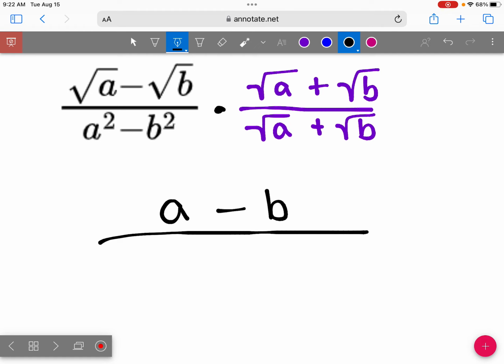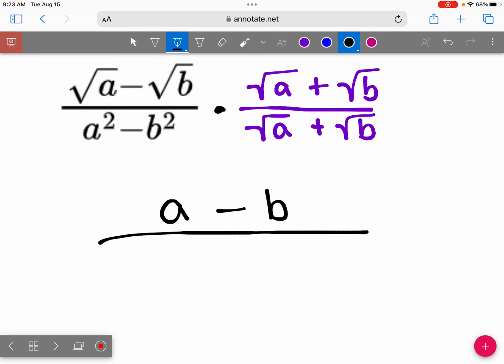If you need to write the whole thing out and distribute it and simplify, 100% fine. It's difference of squares. Yes, my friend. When we do this, is it always going to be minus? It always will make us a difference of squares when you use your conjugate. Because the point is for those to be the exact same terms with the opposite sign so that those middle terms disappear. The whole point is to make it difference of squares.